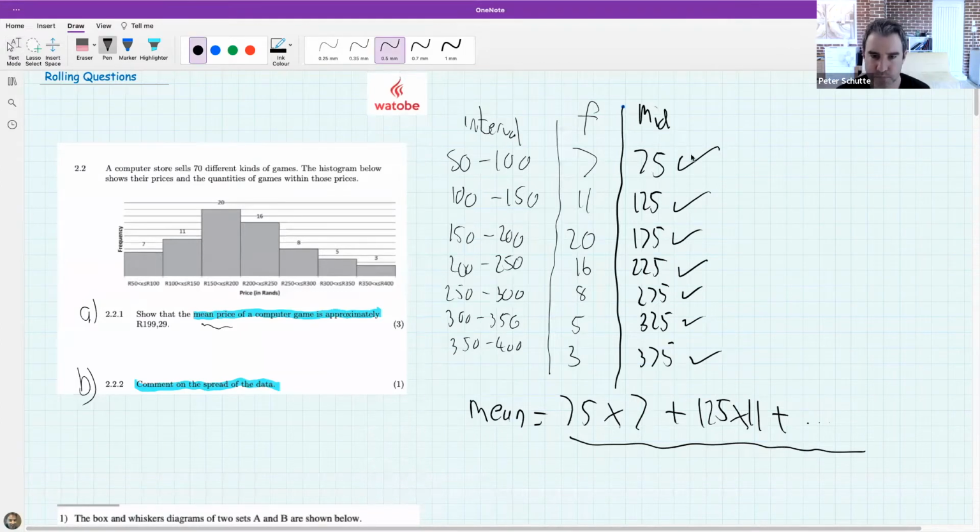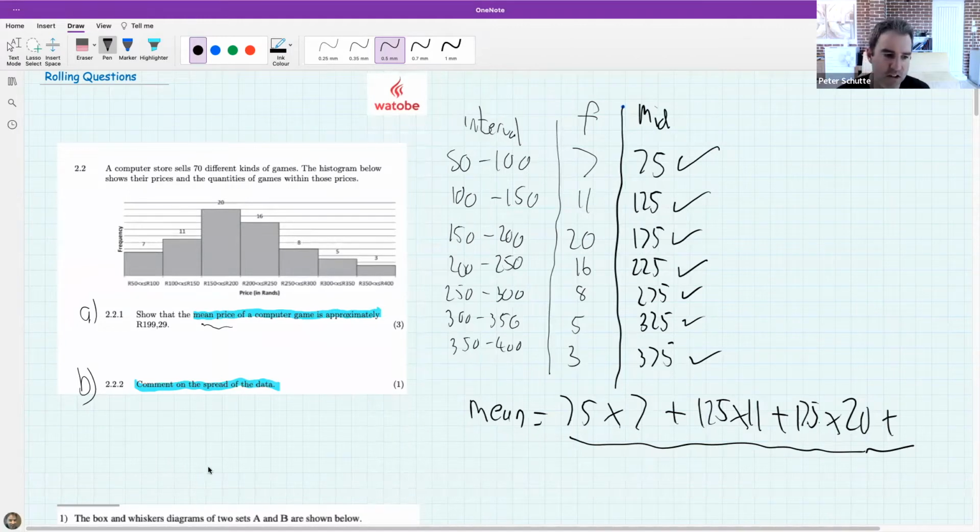So I go through and I say there were 7 items in the 50 to 100 range. So I went 75 times 7 plus 125 times 11 plus 175 times 20, and you just keep going for each of the intervals.